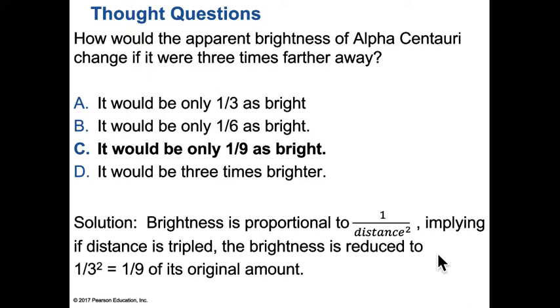And so the amount of energy being received per unit time per unit area, or the apparent brightness, will be 1/9 of the original or former amount. Alpha Centauri is the closest star system to the Earth.